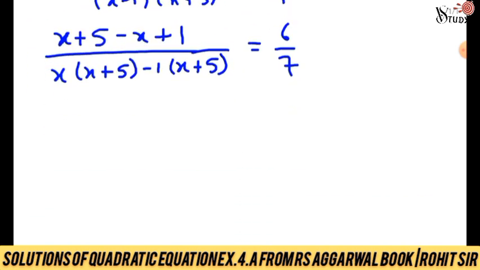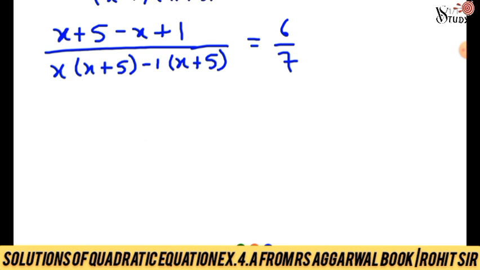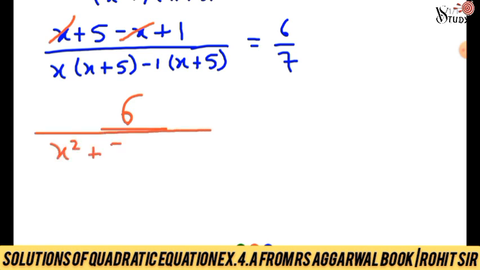Now this x cuts this and we have only 6 upon x square plus 5x negative 5 is equal to 6 upon 7.